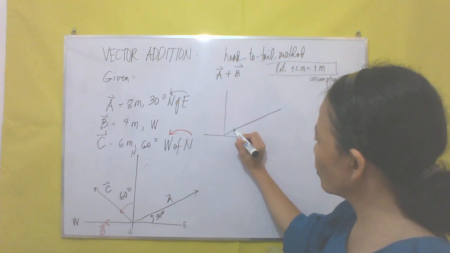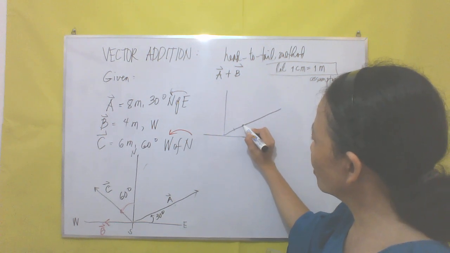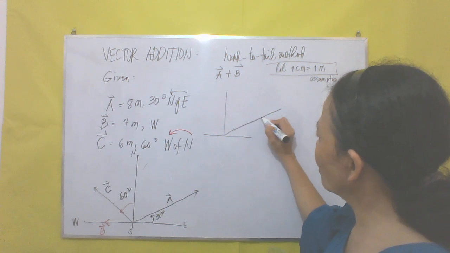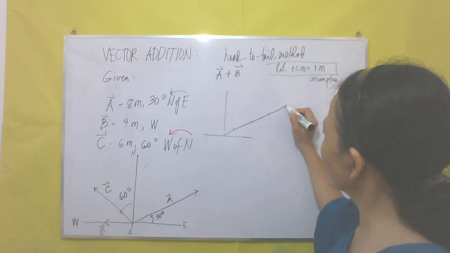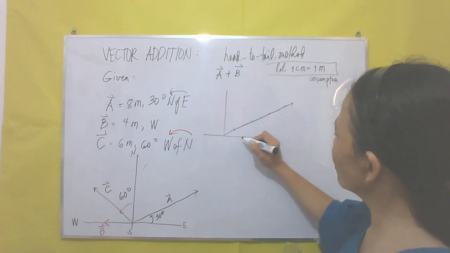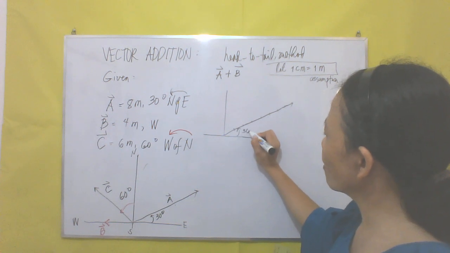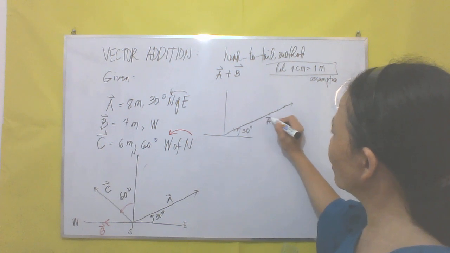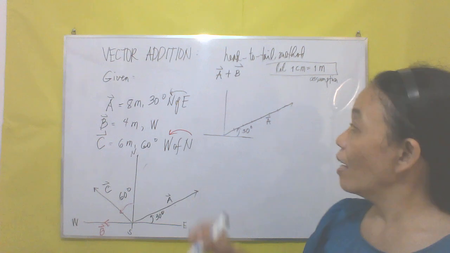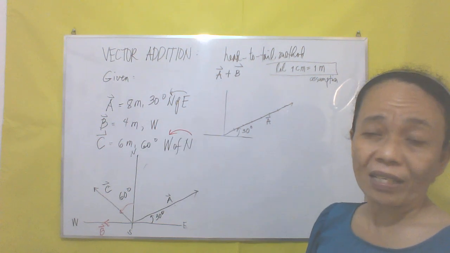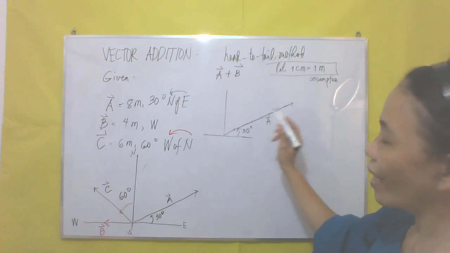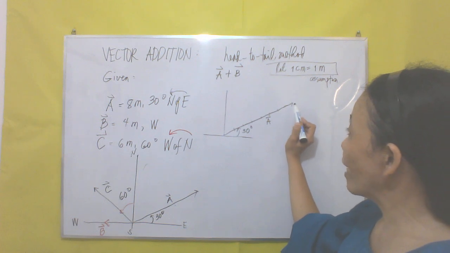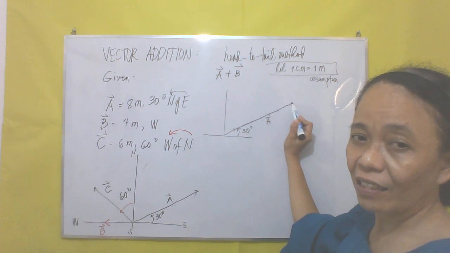Supposing I'm going to use a scale, one scale for 1 meter, 2, 3, 4, 5, 6, 7, then you have 8. So this is 30 degrees. This is our vector A. Next, vector B is 4 meters west, so that is to the left. Just connect a line, 4 scales from the head of this vector.